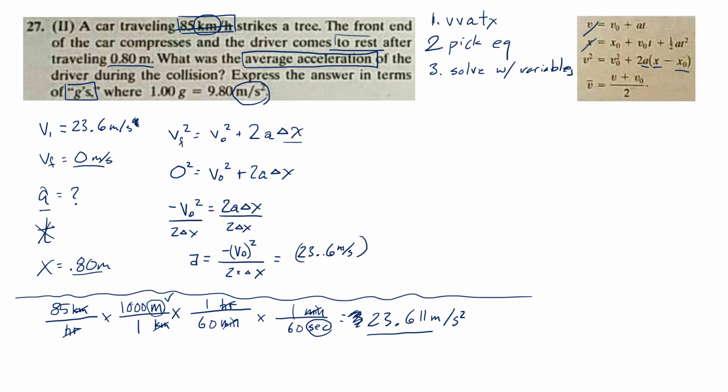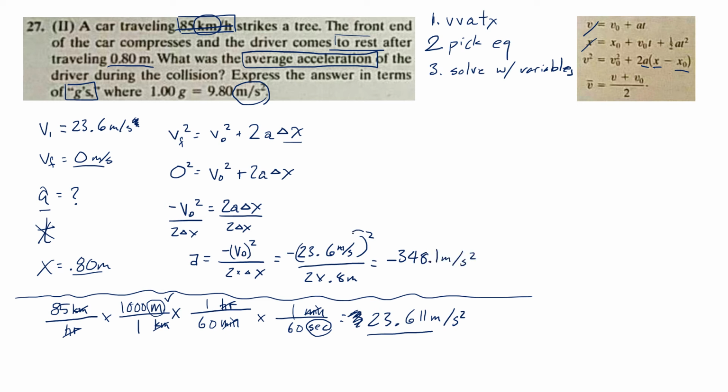We're going to square this sucker. It's a negative on the outside, divided by 2 times 0.8 meters. If you punch in a whole bunch of math, you end up with negative 348.1 meters per second squared.